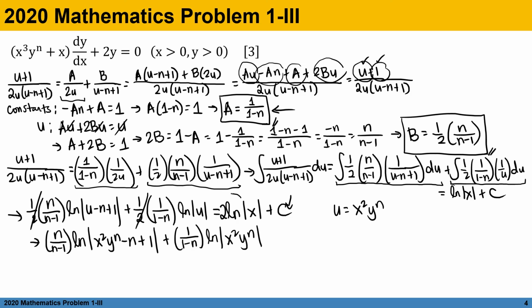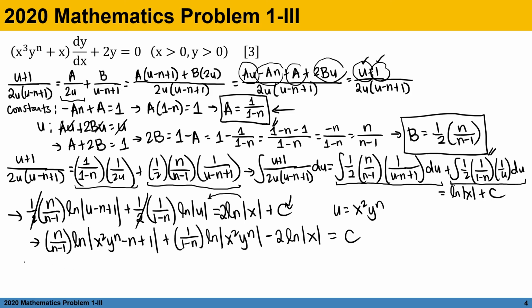And then let us transpose this term as minus 2 ln of the absolute value of x equals c. And we can further rearrange this expression by cleaning the signs and the order of this expression.